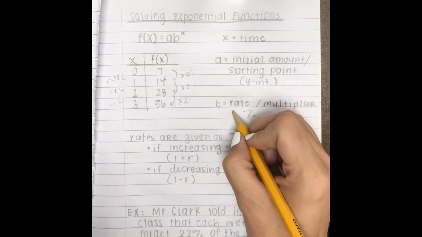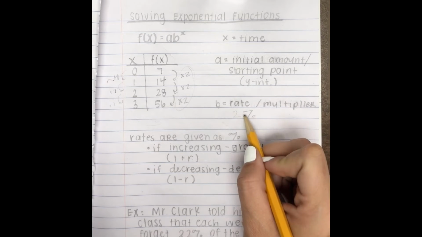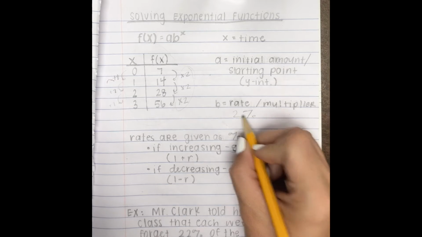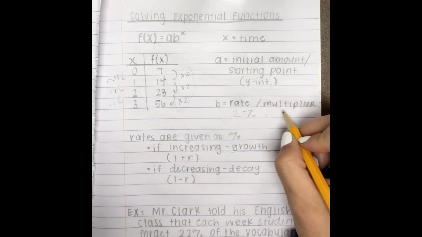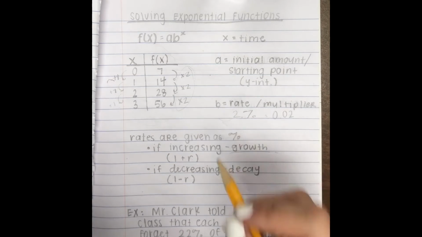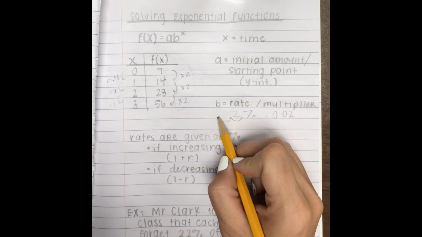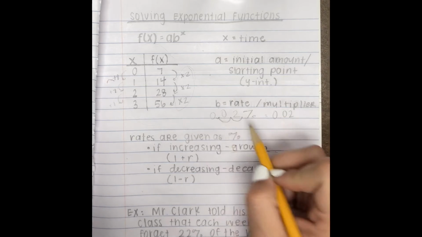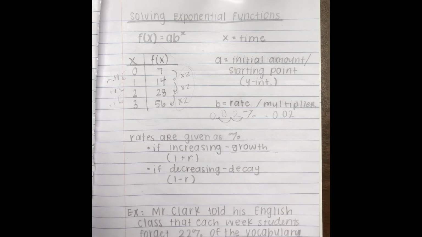So for this example, it would be 2%, okay? But you know, as a percent, we would move your decimal 2 times, right? So a percent as a decimal would be 0.02, okay? Because you moved that decimal 2 times, which means we have a 0 here, so 2% becomes 0.02 as a decimal, okay?